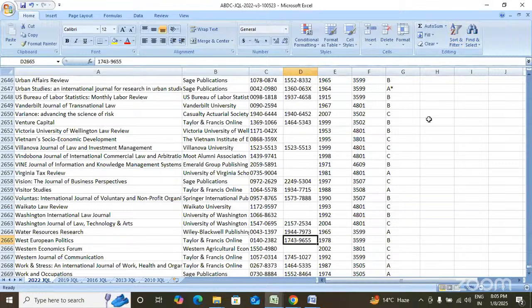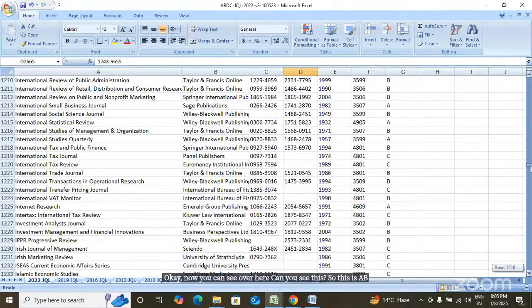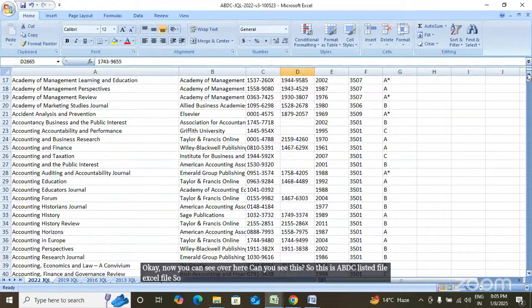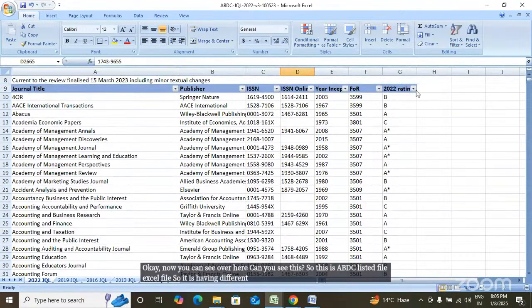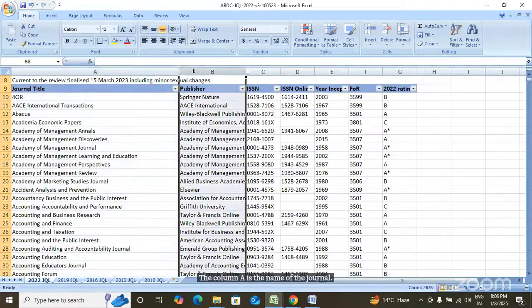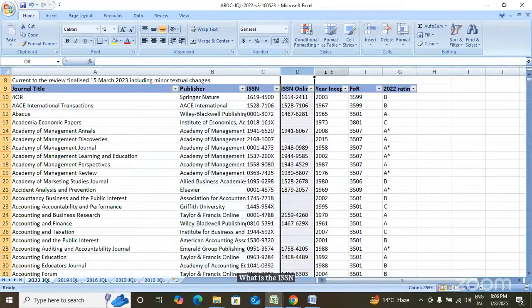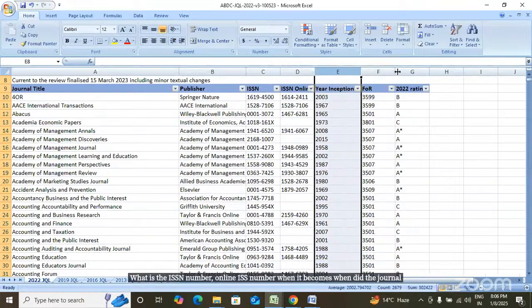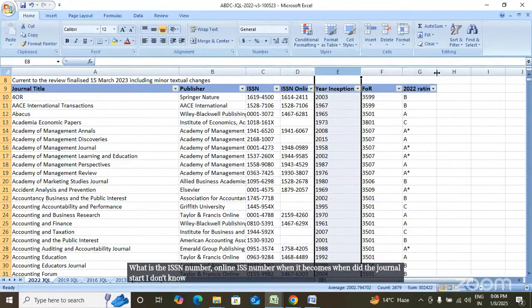Okay, now you can see over here, this is the ABDC listed Excel file. It has different categories. Column A is the name of the journal, then the publication house, the ISSN number, the online ISSN number, and when the journal started. I don't know about this FOR, but this is the rating that is given, right?